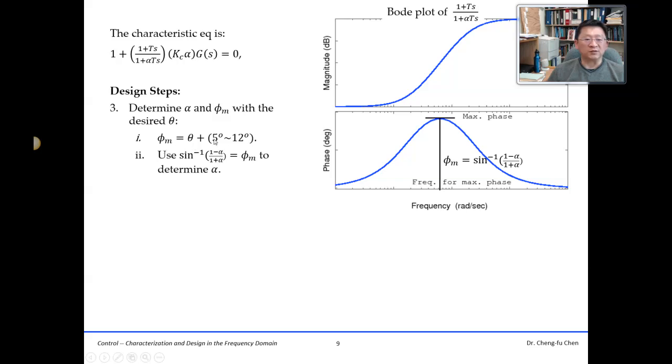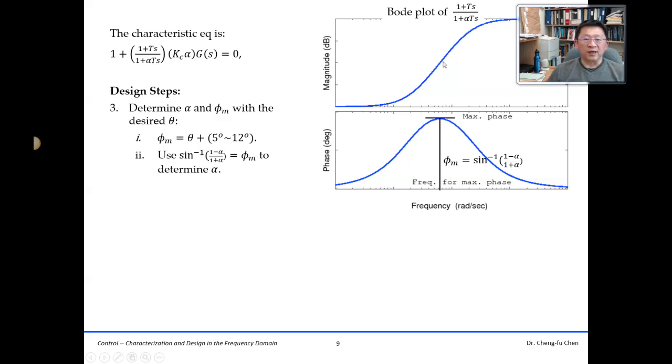Usually this number is arbitrary. You can pick whatever you like between 5 to 12 degrees, and this range is recommended by many textbooks. For example, say the theta determined is 40, you add 5 degrees, so maximum phi m is 45. Once you have phi m determined, you can proceed to determine alpha.